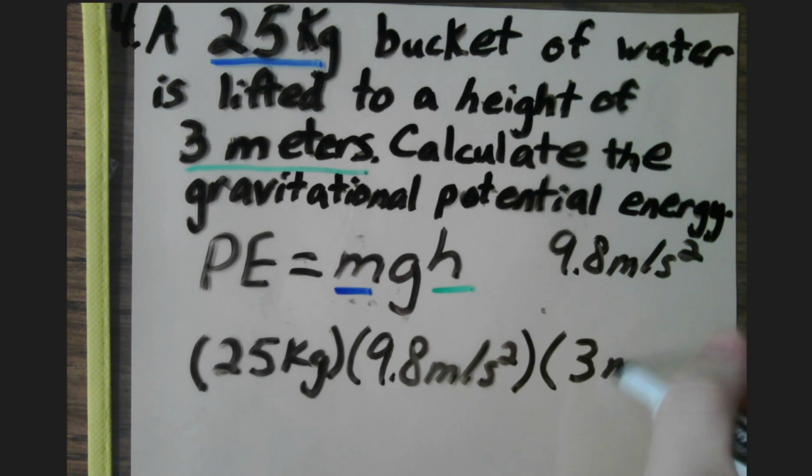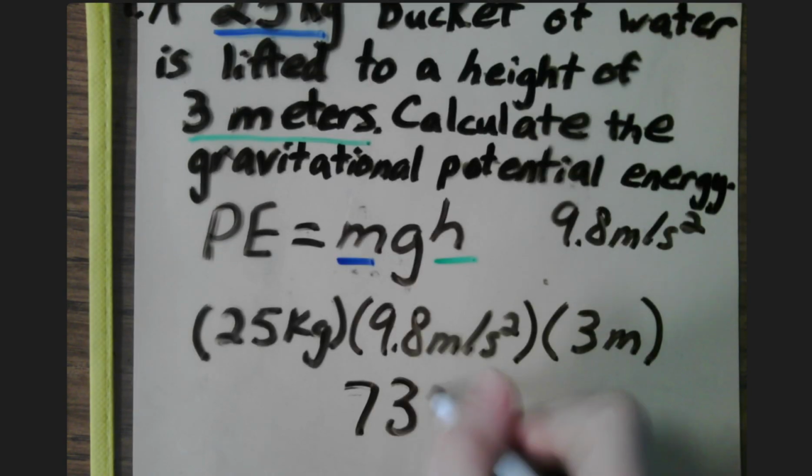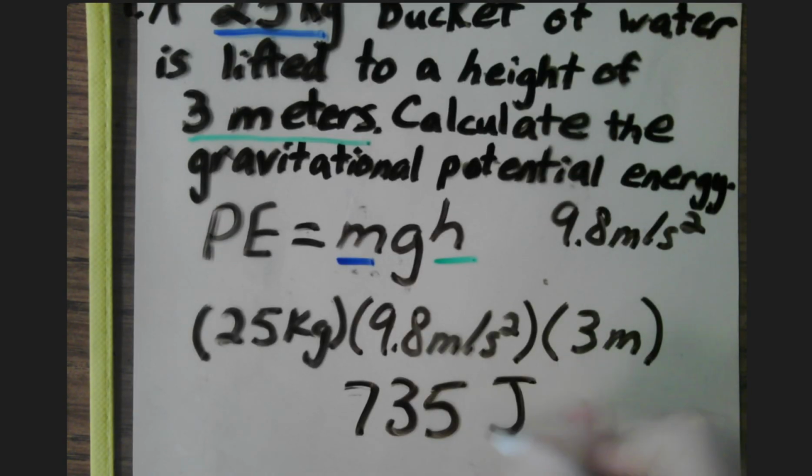We're going to multiply all of that together, and we get 735 joules. So both potential energy and kinetic energy have the same unit of joules. All right, let's look at another one.